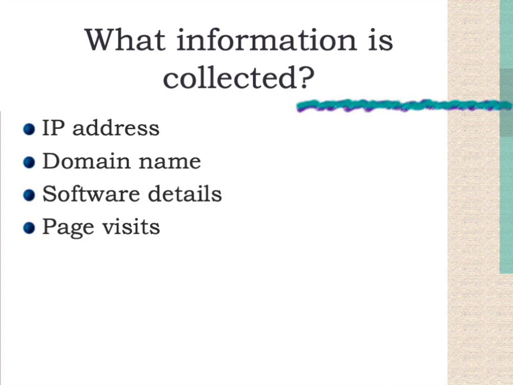Page visits. Information about which page you visited, how long you stayed on a given page, and whether you came to the site from a search engine is also available to the organization operating the website. If a website uses cookies, the organization may be able to collect even more information, such as your browsing patterns, which include other sites you visited.